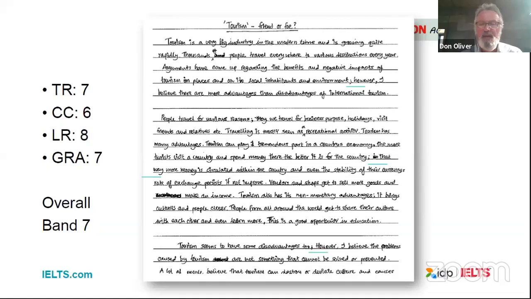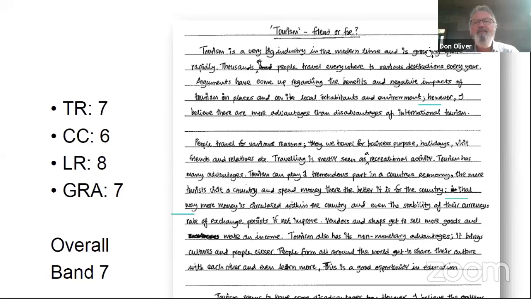Here, we see that we have a good start. Tourism is a very big industry.